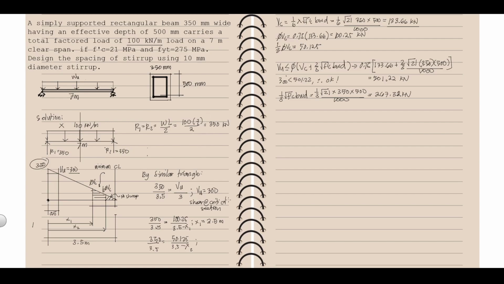Hindi, no? So, x2 is equal to 3 meters. Okay, 3 meters pala. Hindi pala kalahati. So, 3 meters. Sorry. Okay?